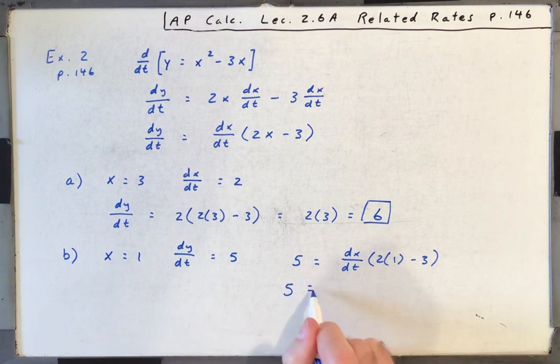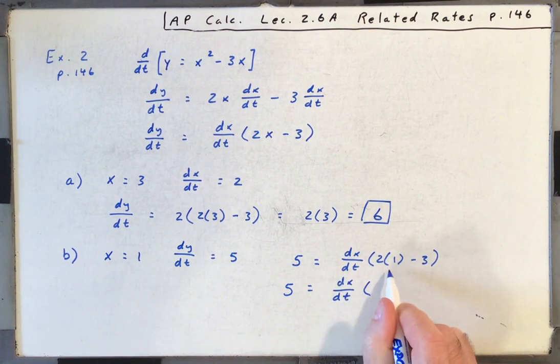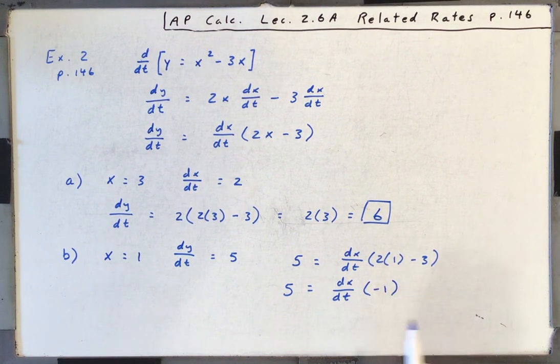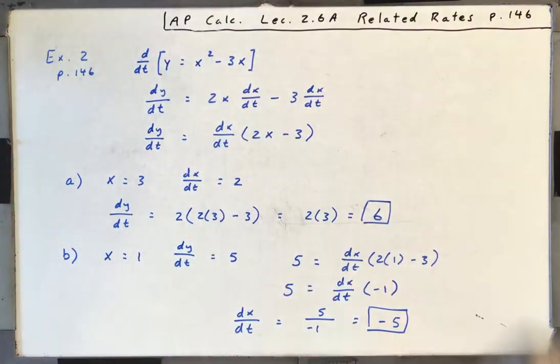So 5 is equal to dx/dt times 2 minus 3, which is negative 1. So dx/dt would be 5 divided by negative 1. That is negative 5. Fantastic. Not bad at all.